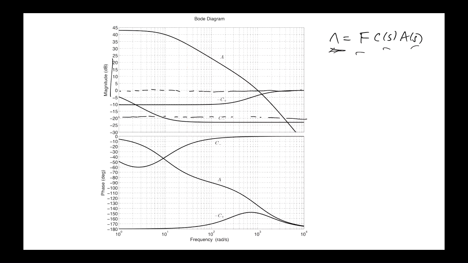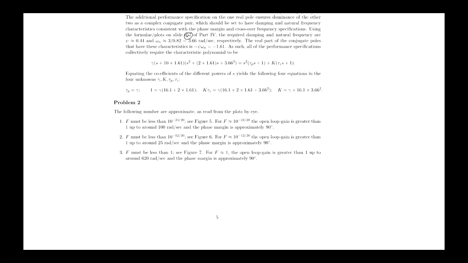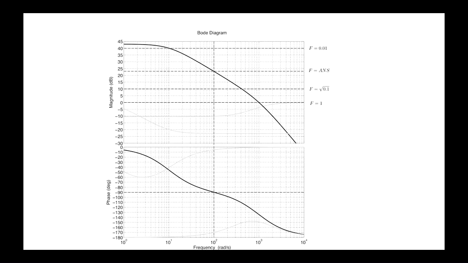Bringing this down is like moving the 0 dB line up. So all I'm doing on those other plots is moving the 0 dB line up rather than pulling A down, to figure out how the crossover frequency moves for different values of F.